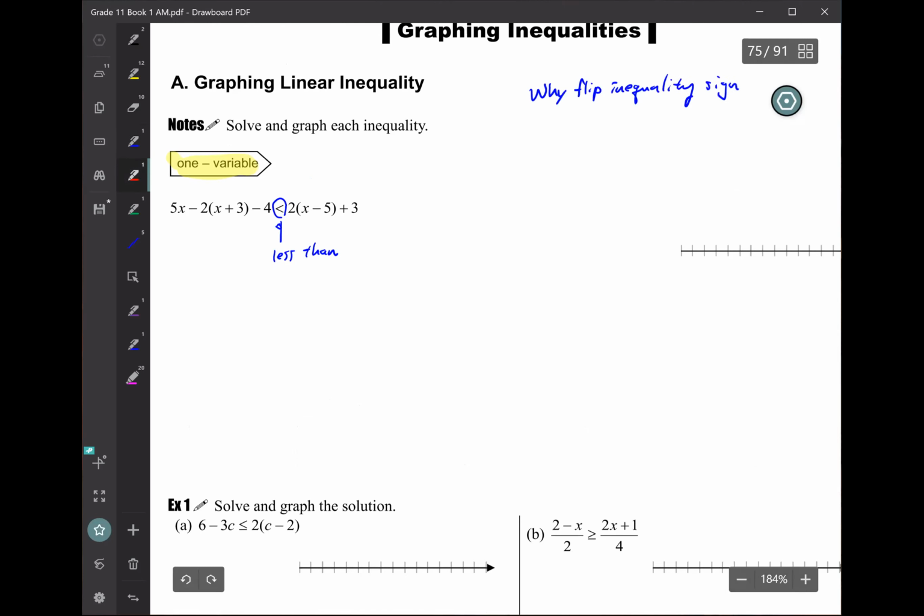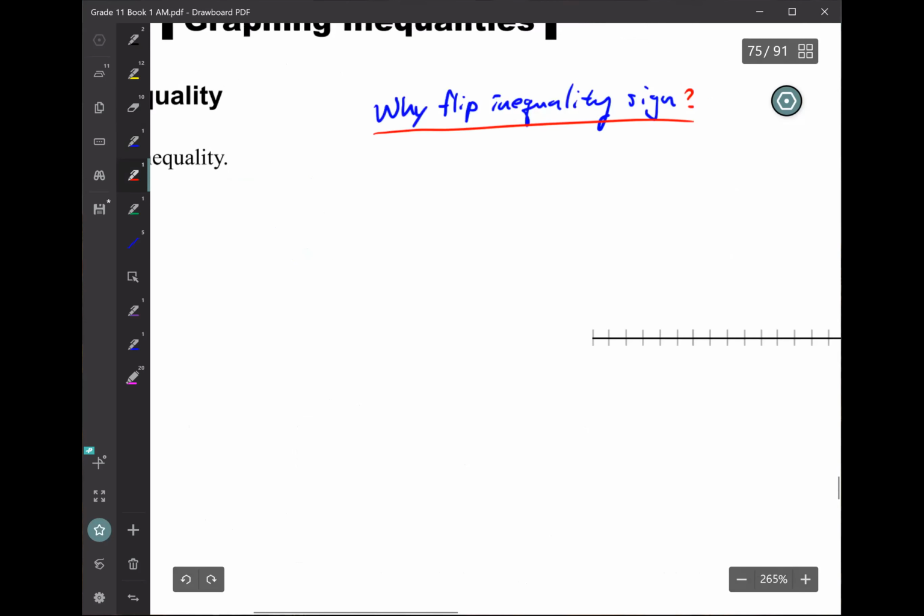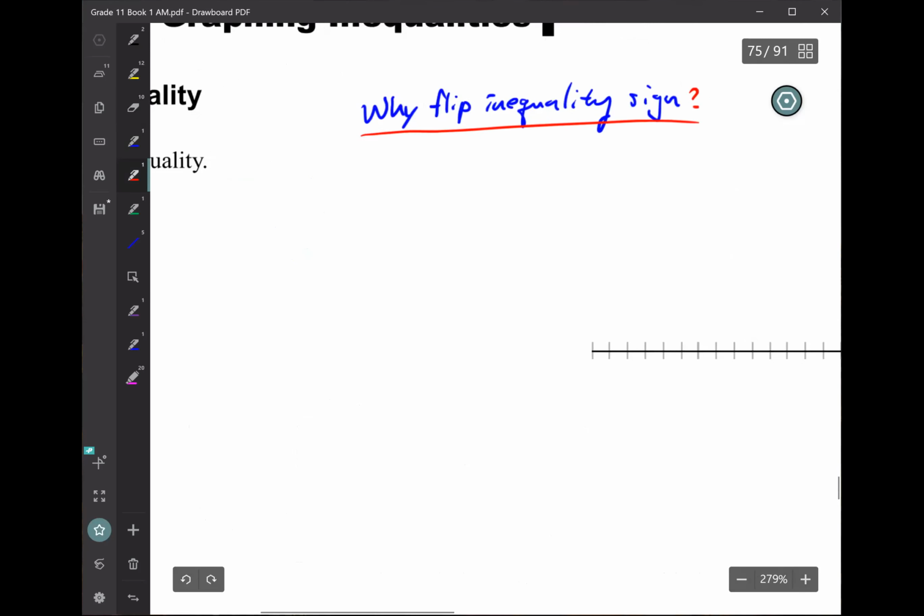This is a good question, because you all know the rule, but without knowing why, it becomes a strange rule to follow, right? So let's say 2 and 4. Let me put a 2 here. Now, 2 and 4, 2 is smaller, so 2 is less than 4.